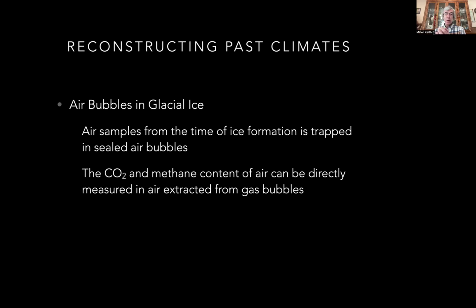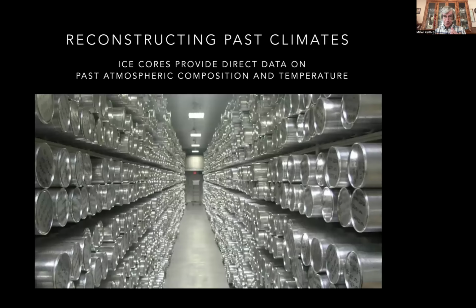And so those air bubbles. So you can then go back in looking at ice cores that have been drilled out from, again, mostly Greenland, Antarctica, as well as some other places, and know their depth. There's also indicators from ash falls and other things that can tell you how old the ice is.